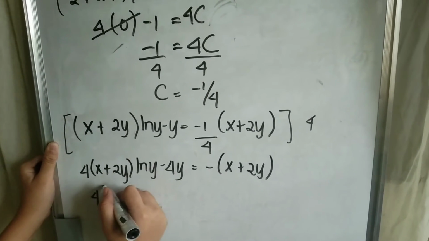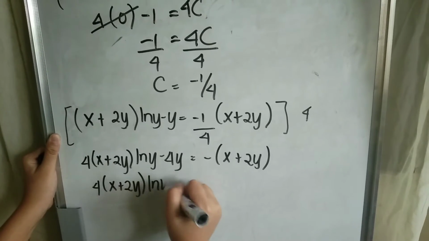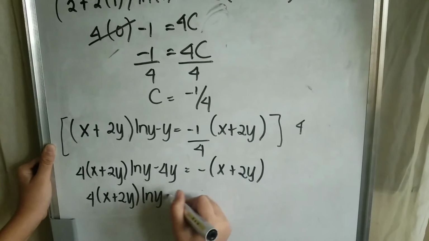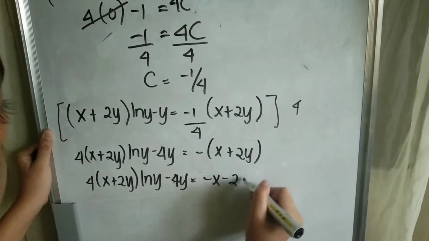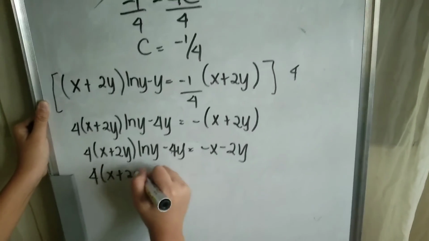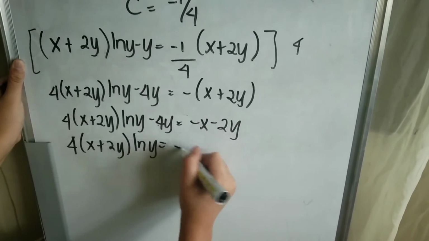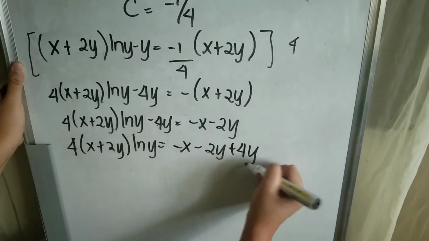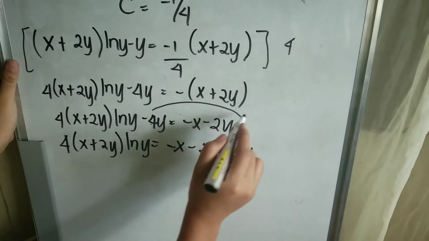So 4(x plus 2y) ln y minus 4y is equal to negative x minus 2y. So 4(x plus 2y) ln y is equal to negative x minus 2y plus 4y, since we transpose this to the right side.